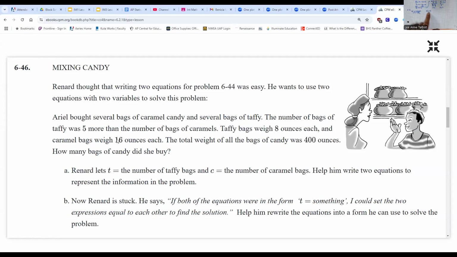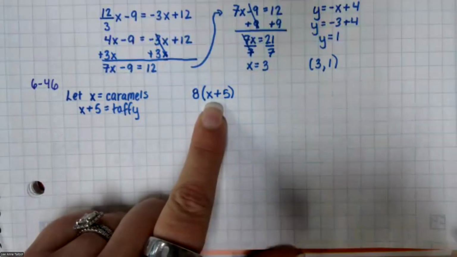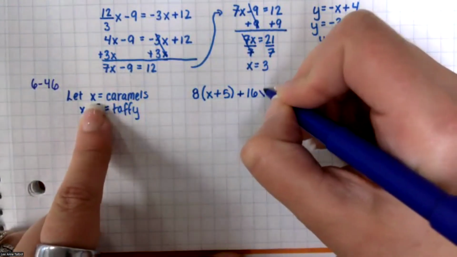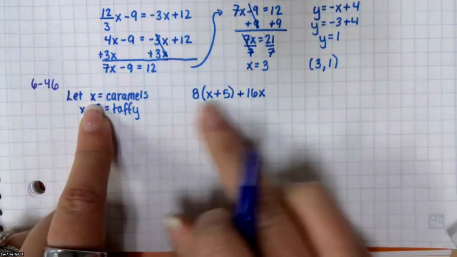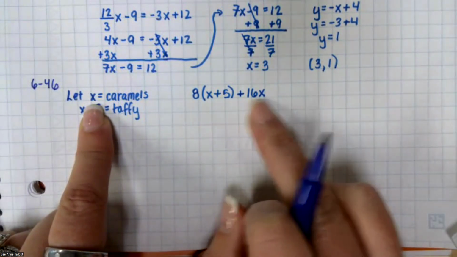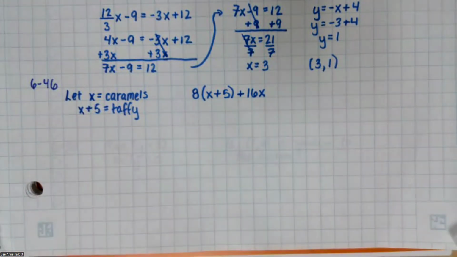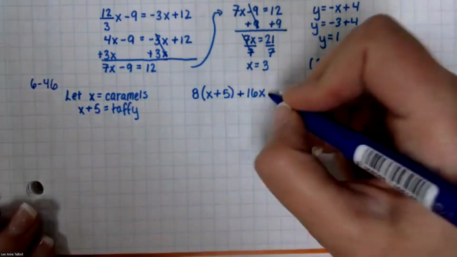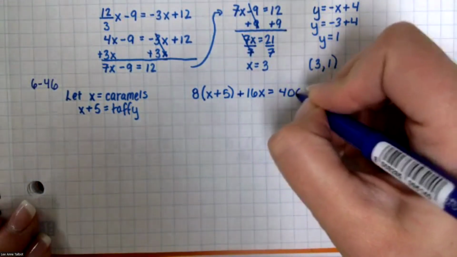Caramel bags weigh 16 ounces each. So 8 for each taffy and 16 for each caramel. Total weight of the bags was 400 ounces. Total of 400.